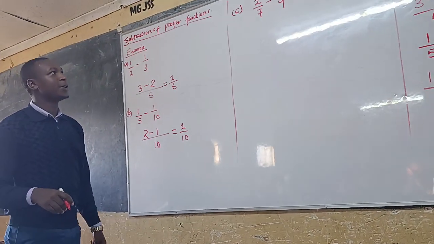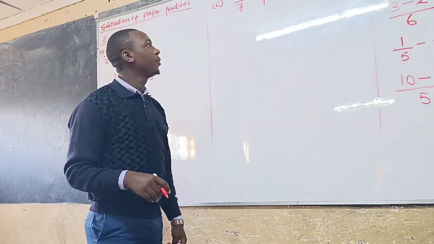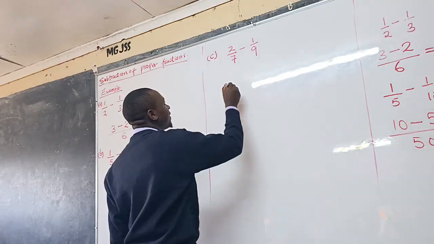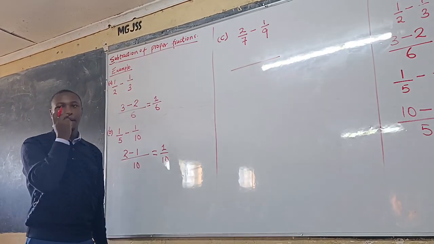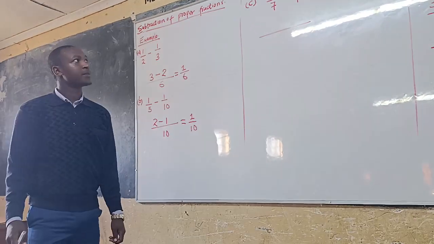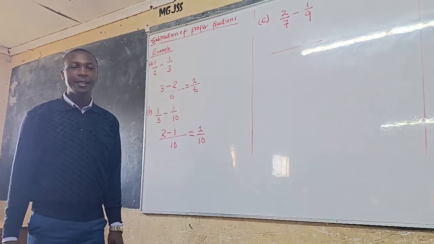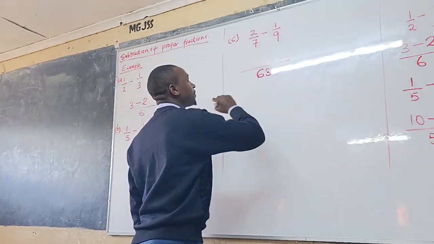Let's see what happens. Now the first thing we do is find the LCM of 7 and 9. And what is the LCM of 7 and 9? 60? Is it 63? Yes, 63.